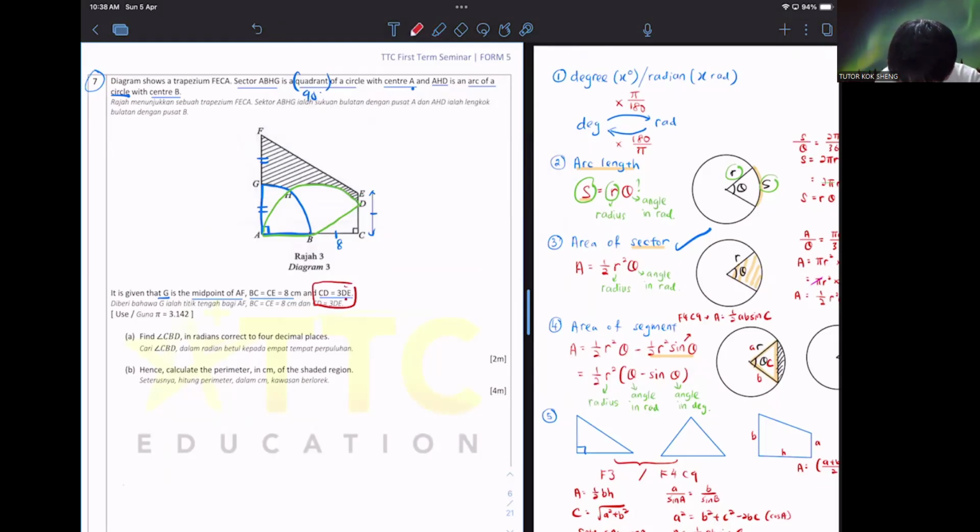Bring the DE over to divide. So CD over DE equals 3, and the bottom is 1. That's why CD to DE, the ratio, is 3 to 1.